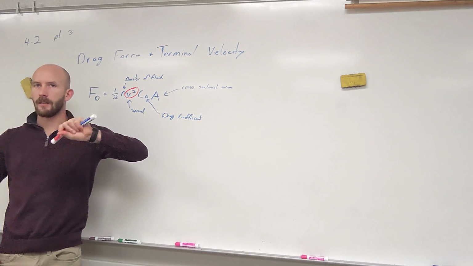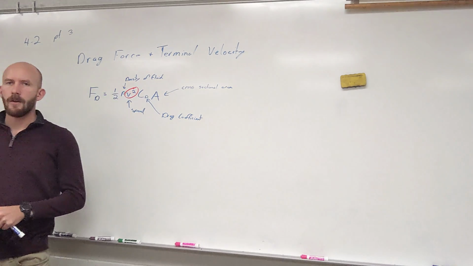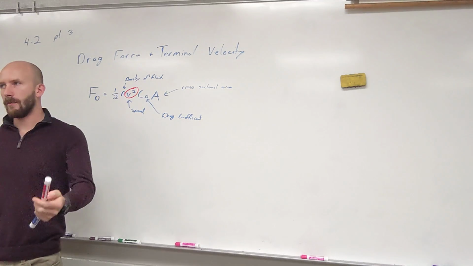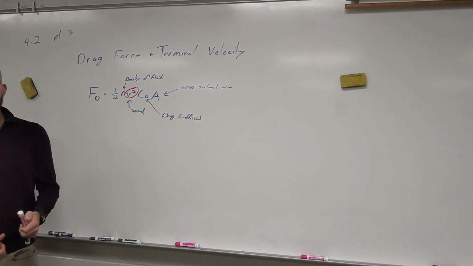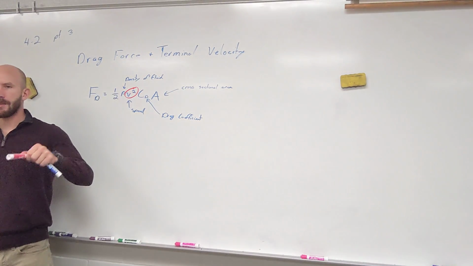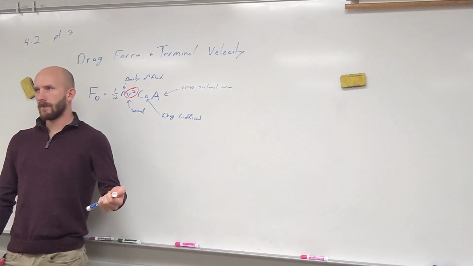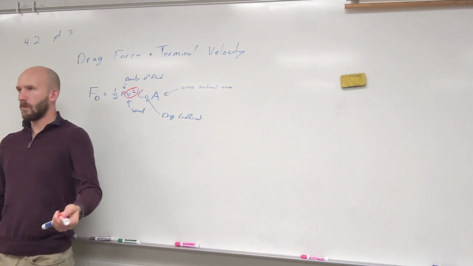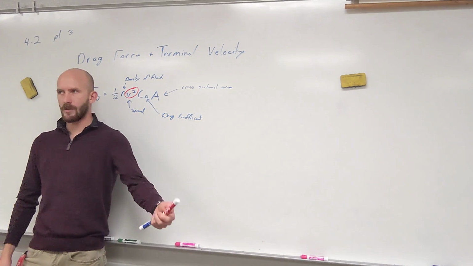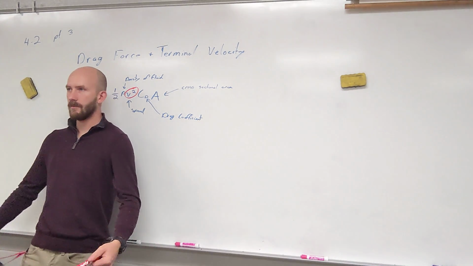So it's not a linear relationship. Drag force increases based on the square of the speed. If you think about it, as speed doubles, drag force is going to quadruple. As speed triples, your drag force is going to increase by a factor of 9, right?